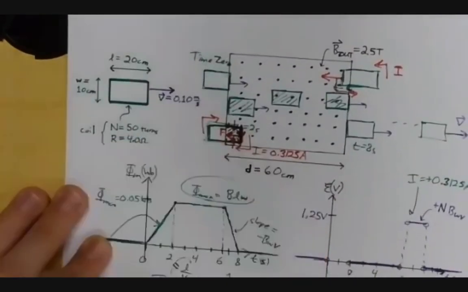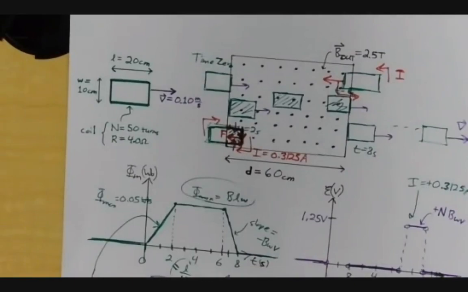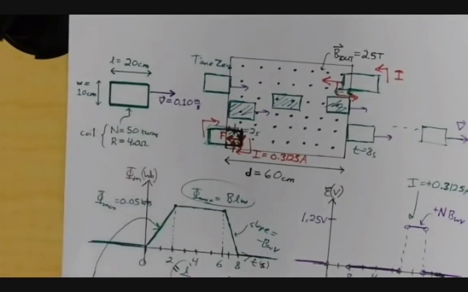Okay, one last question with this. What if we didn't pull it? What if this is outer space and we got the thing moving at 10 centimeters per second, like this first picture, and we just throw it at this? What's it going to do?